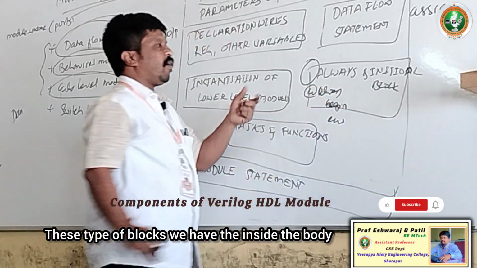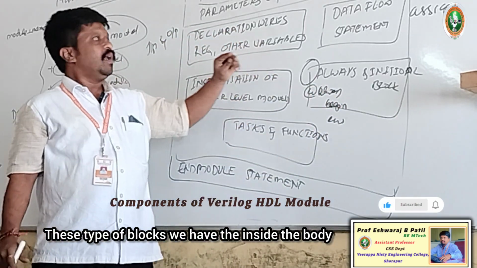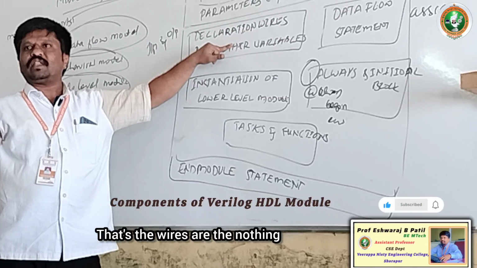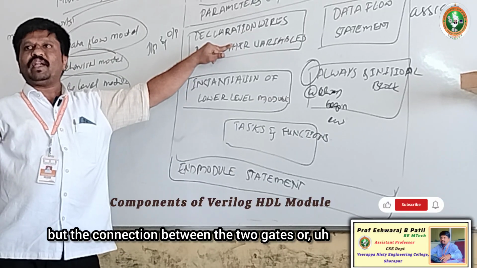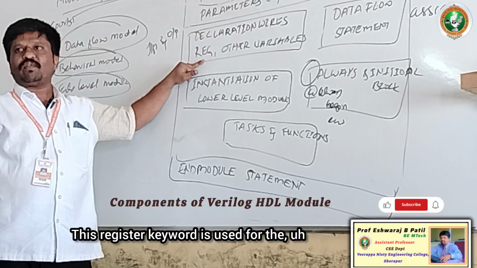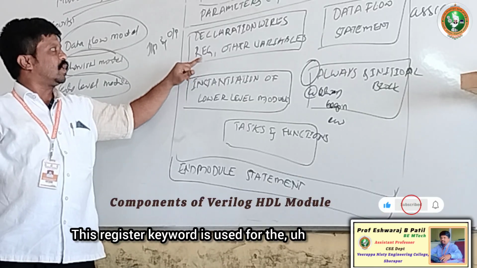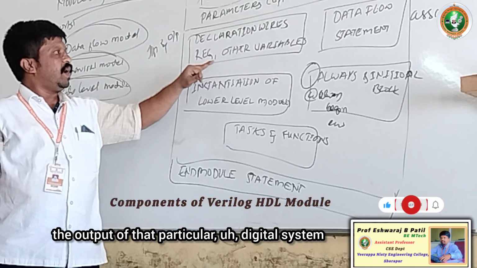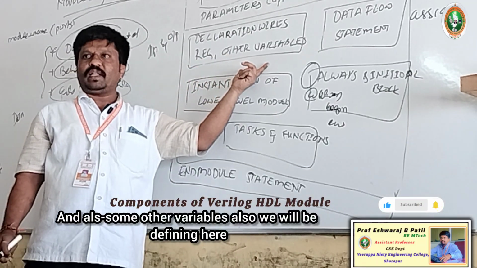Inside the body we have this type of blocks, and also the declaration of wires and inputs. Wires are nothing but the connection between two gates or two digital systems, and registers. The register keyword is used for the output of that particular digital system, and some other variables we will also define here.